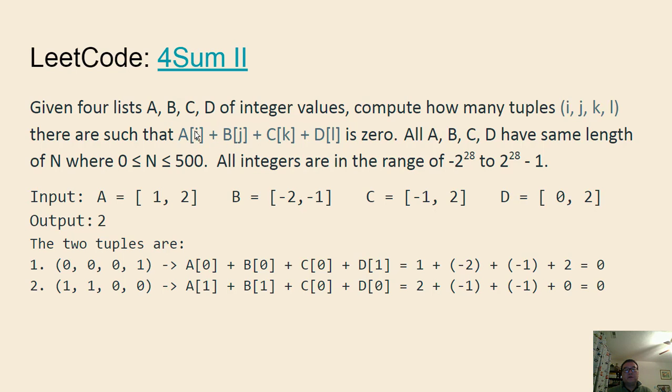If we iterate over all combinations of an element in A and an element in B, then we need to find 2 numbers from C and D that sum up to a particular target. That's basically 2-sum. After we fix the values in A and B, we just need to solve a 2-sum problem, here over 2 arrays, but it's the same concept. We just need to sort both arrays and then use 2 pointers.